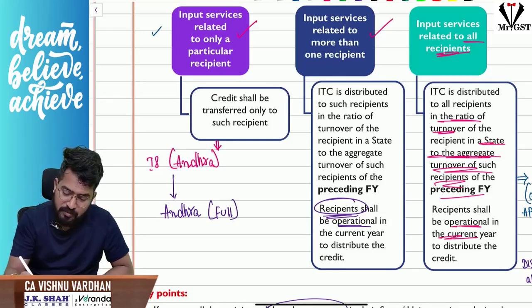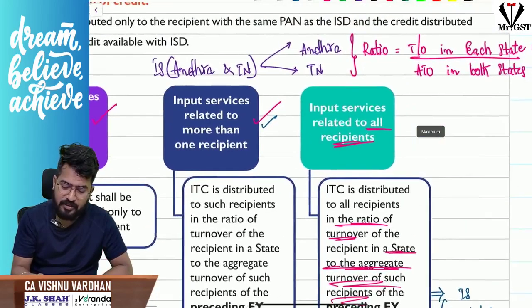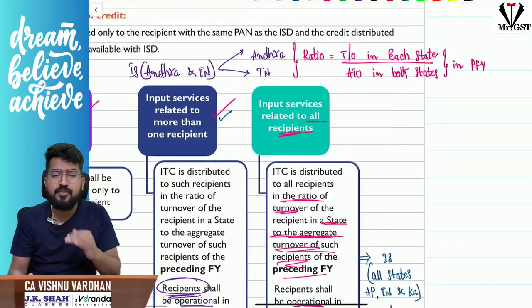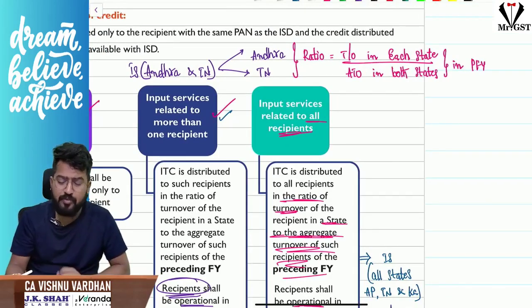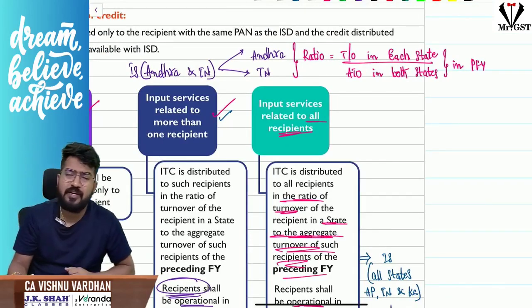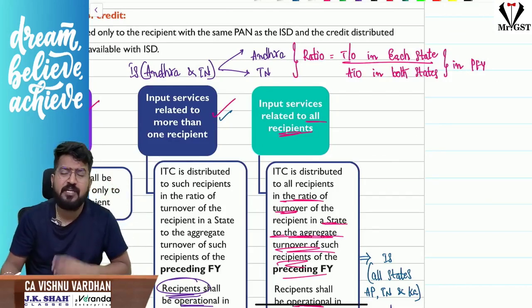No, sir, it is belonging to more than one branch. Imagine we are receiving an input service which is related to both Andhra Pradesh as well as Tamil Nadu. Then we will distribute that credit whatever is there in that input service to both Andhra and Tamil Nadu. So that entire credit we will be distributing only between Andhra and Tamil Nadu, not with Karnataka.